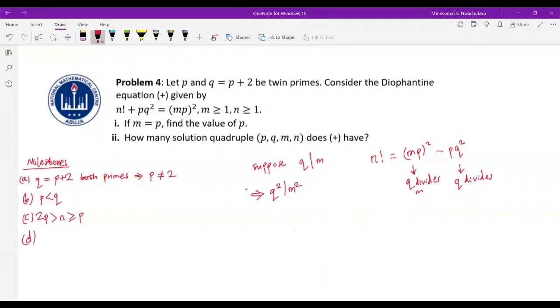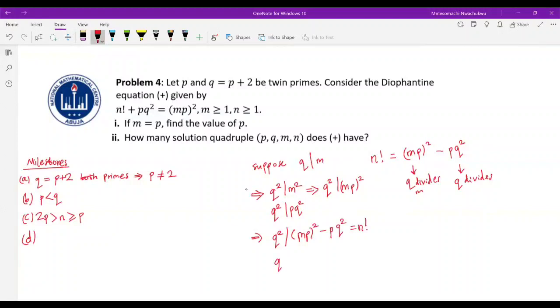And this implies that q squared divides mp all squared, and now q squared divides pq squared, because pq squared is obviously a multiple of q squared. So what does this imply? This implies that q squared divides the difference. So let me just write this: mp squared minus pq squared, which is equal to n factorial.